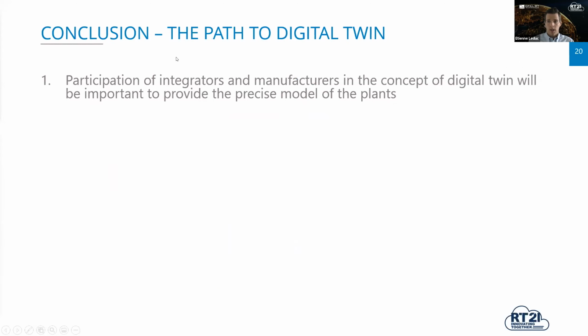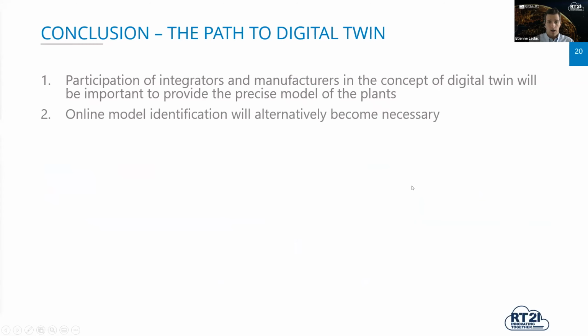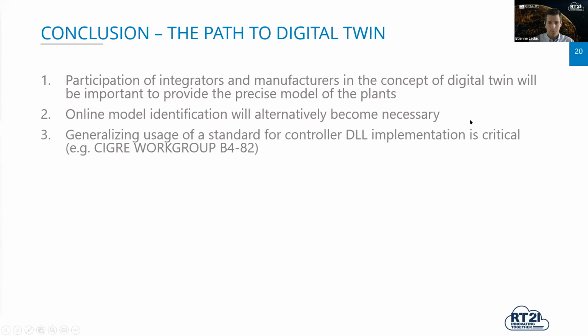So in conclusion, the path to the digital twin will need the participation of integrators and manufacturers in the concept of the digital twin, because it will be important to provide the precise model of the plants. Otherwise, online model identification will become necessary if integrators or manufacturers are not available to collaborate, to be able to achieve a precise model and also have a good understanding and a good integration of the manufacturer DLLs for the plants.